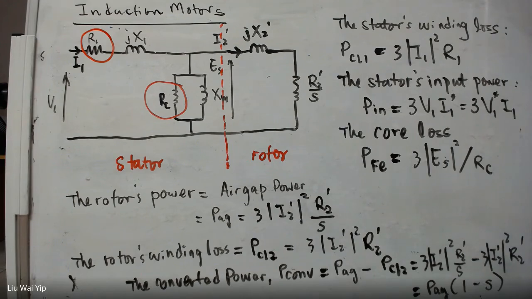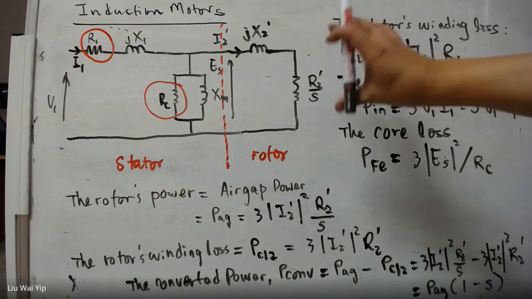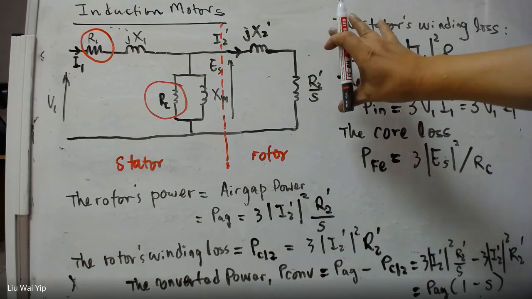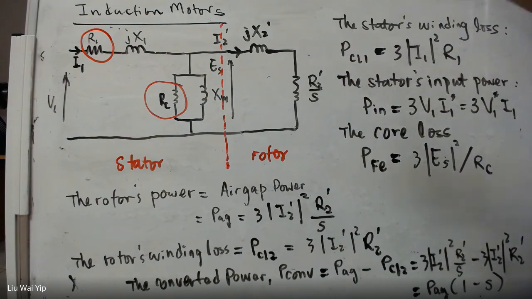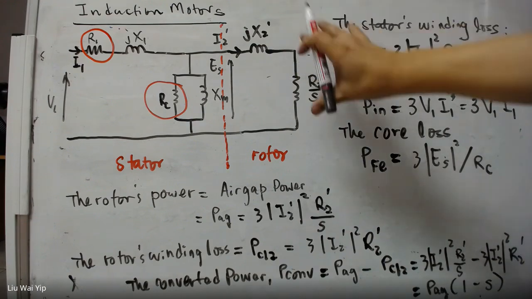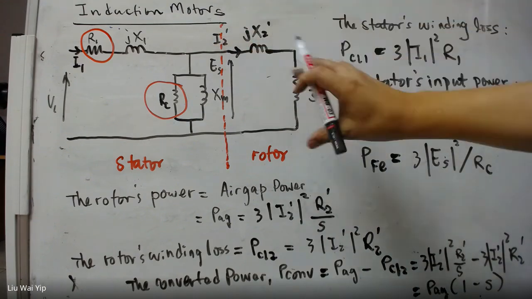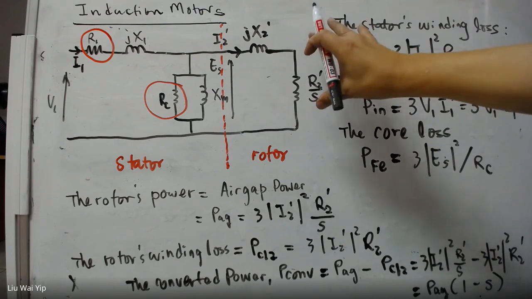And what we don't have is the torque. We are going to calculate the torque in the next video. For now, we have already got enough information. We have got the model for the induction motor. The model is based on the transformer model.